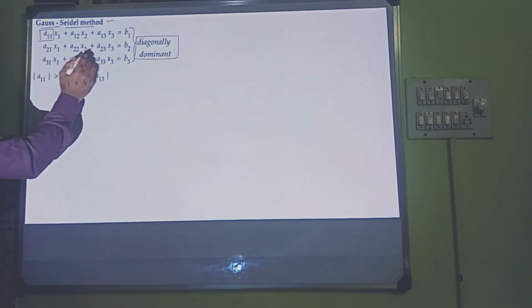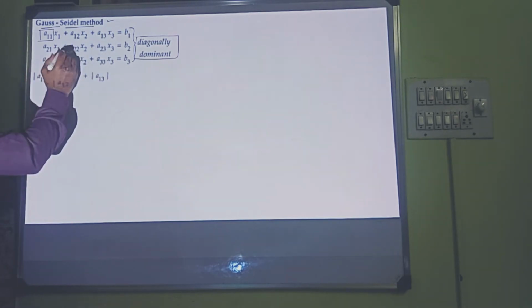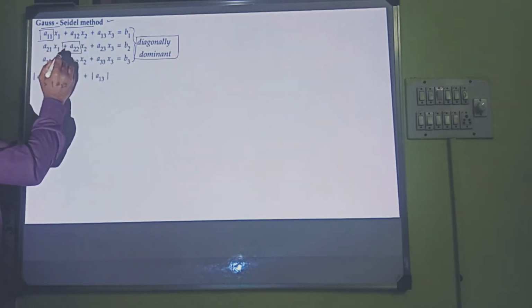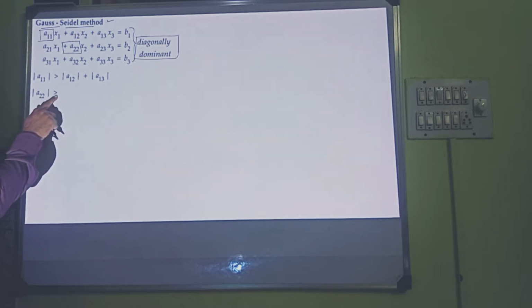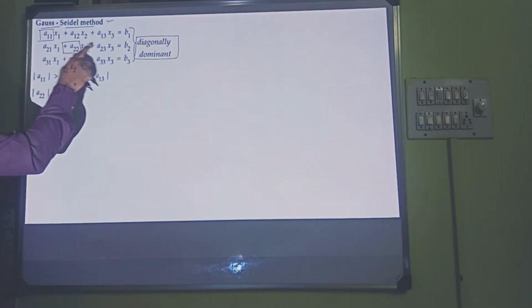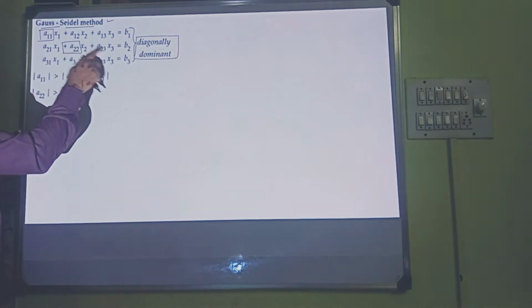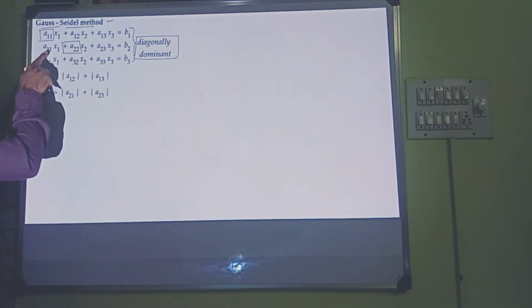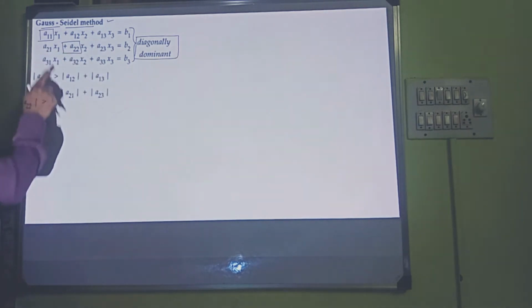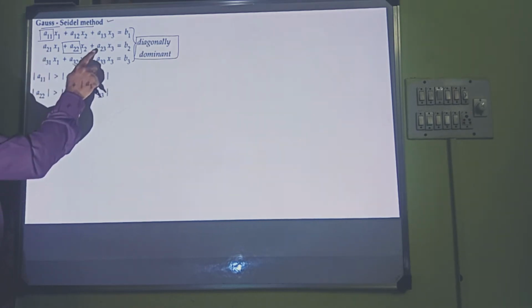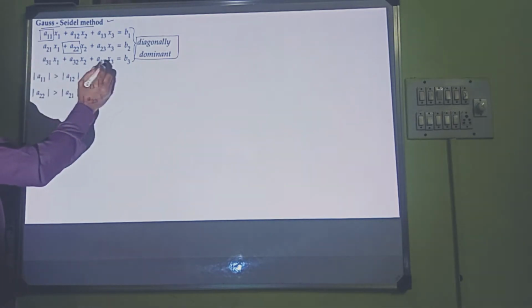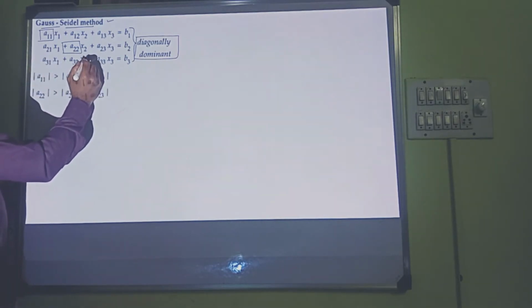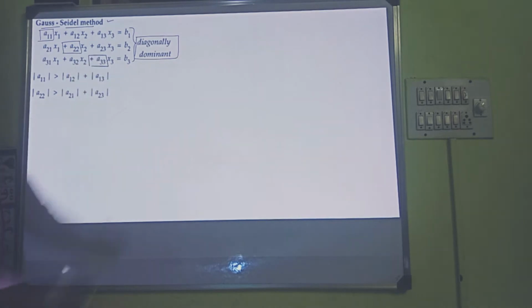Then when you take the second equation, this second element must be dominant. That means the absolute value of this element must be greater than the sum of absolute values of the other two elements, the absolute value of a21 plus the absolute value of a23. Similarly, for the third equation, this third element should be dominant.